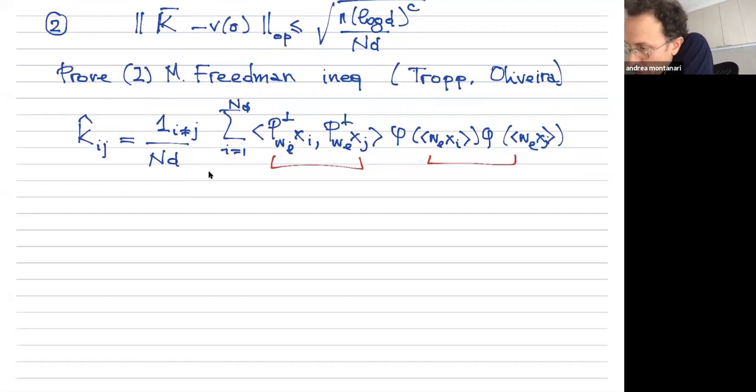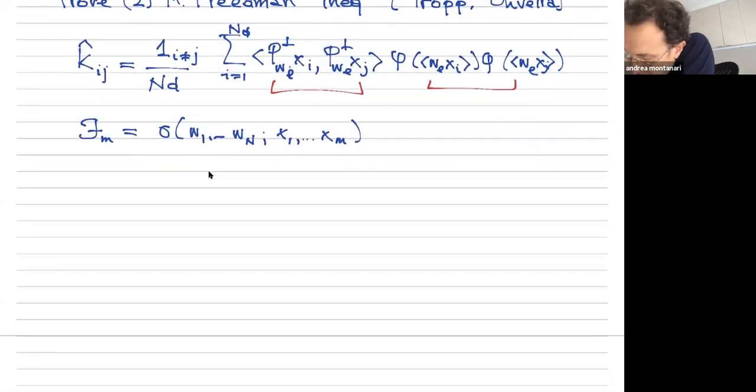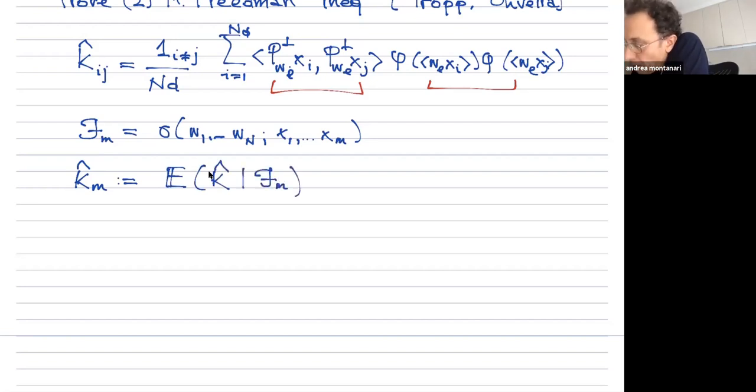And the way we construct the martingale is we construct the filtration, that is, we condition on all the W and on the first M of the data points. And then we call K hat M just the expectation of K hat given F_M.